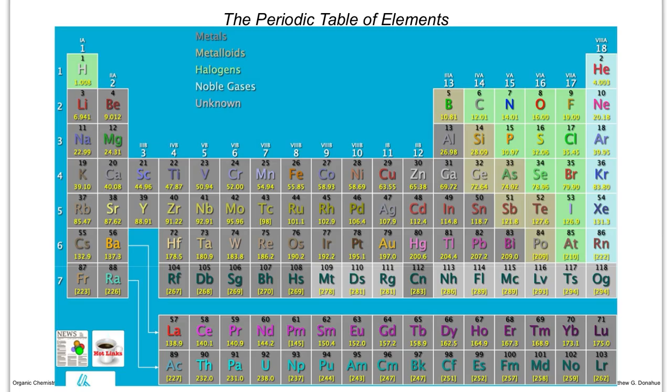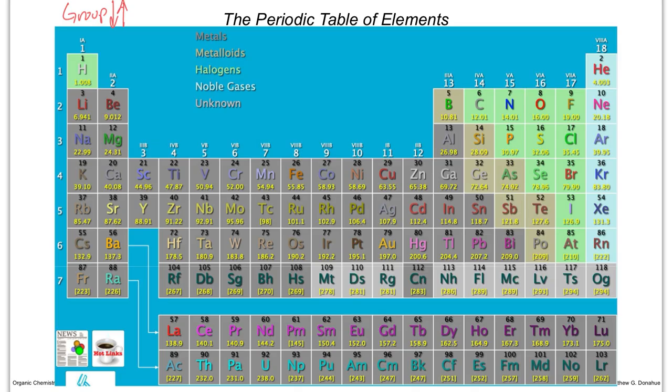A couple of things I want to point out in terms of directions. So groups go up and down. And so that's signified by, what are these, Roman numerals or these Arabic numerals here.